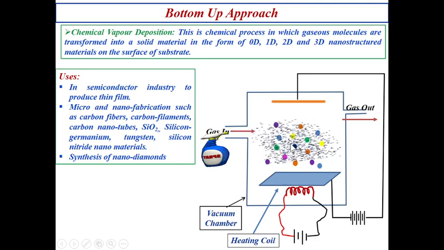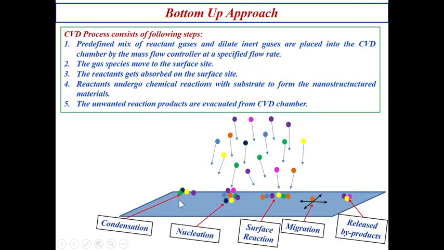Actually these are not gas particles, these are the precursor particles in solution form. When these solutions containing the precursor atoms and molecules settle on the substrate, those atoms and molecules react with the substrate and form the nanostructure material. The detailed steps I have discussed here.